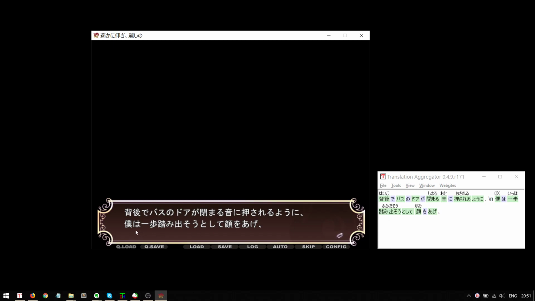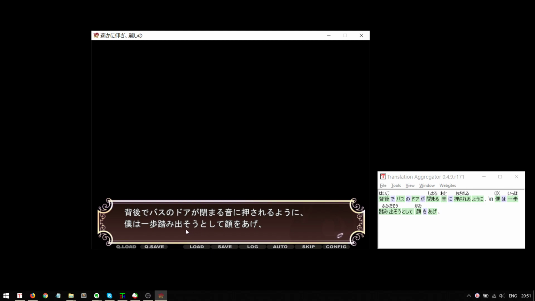So he takes a step forward. Now you see the ending is not just a normal present tense. It's a special form. This is another grammar pattern called volitional plus tosuru.